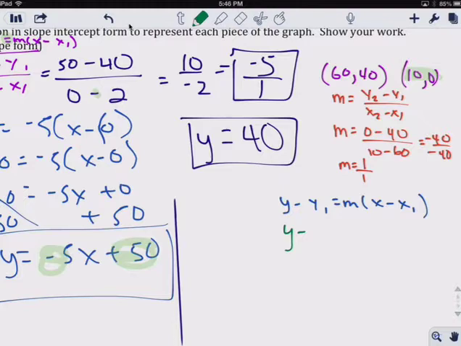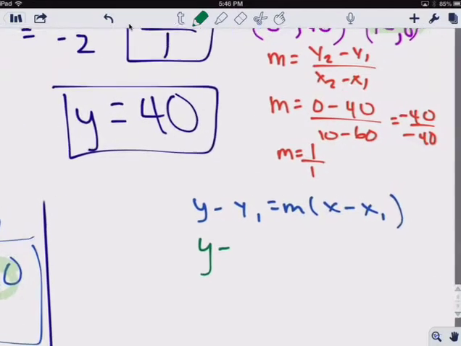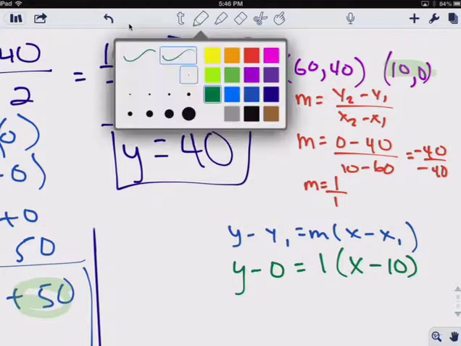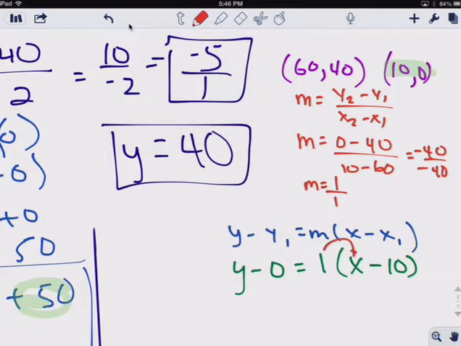Substitute in y minus y1. Y minus y1 is 0 equals m, which is 1 parentheses times x minus x1, which is 10. Distributing a 1, multiplying by 1 will not change a thing. It's just 1x, or just x, minus 10 equals y minus 0.